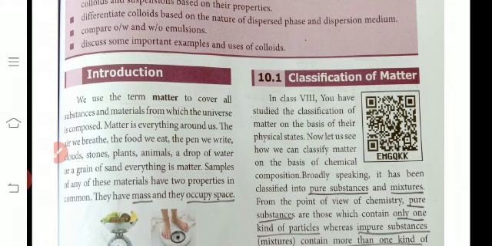Chemical composition, broadly speaking, is classified into pure substances and mixtures. From the point of view of chemistry, pure substances are those which contain only one kind of particles.